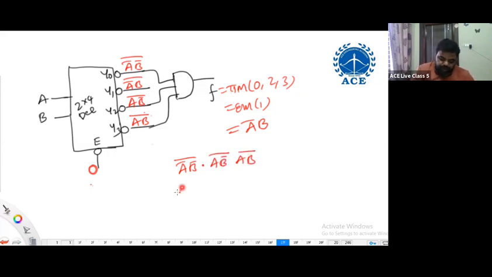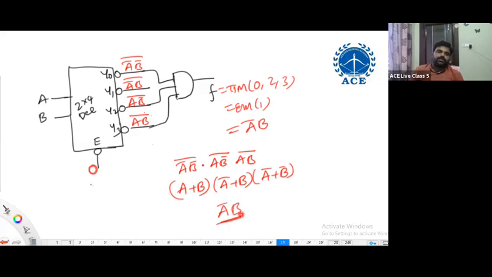Then what we get here? A plus B, and A plus B bar, and A bar plus B, and A bar plus B bar. Then you can AND these, the resultant will be A bar B. Check it. Try and simplify this. You will be getting A bar B.